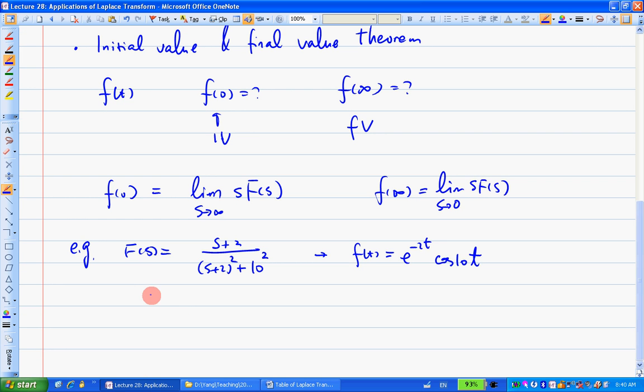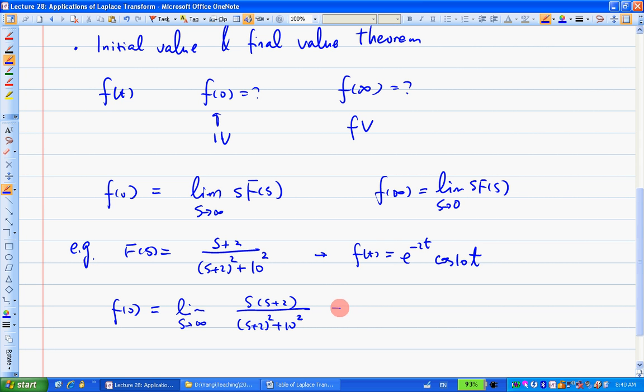Now the question is, if I'm interested in f of 0, of course you can put t equal to 0 here and you get f of 0. But if I do it using this initial value theorem, then it's the limit as s goes to infinity of s multiplied by this whole chunk. There is s squared at the top, but there's another s squared at the bottom.